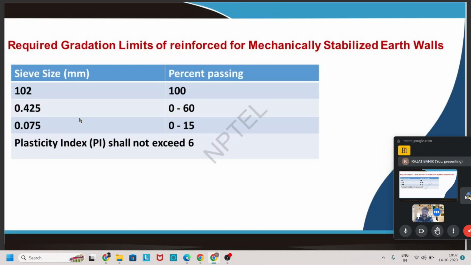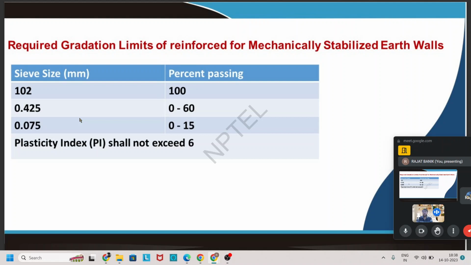That means for sieve size 102 mm, 100% of the material should pass. When the sieve size is 0.4 to 5 mm, the percentage passing should be 0 to 60%.